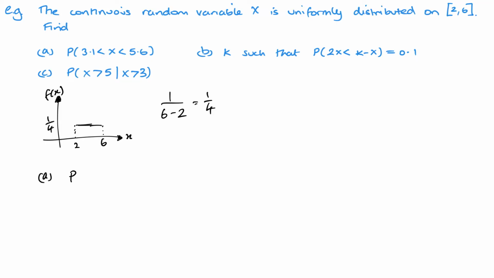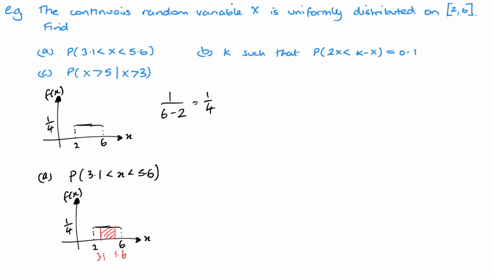So here for the first one, we want to find the probability that x is between 3.1 and 5.6. If I think of my diagram, say 3.1 is there, 5.6 is there, and this is the area in between.